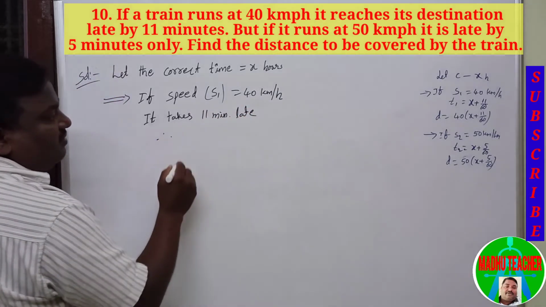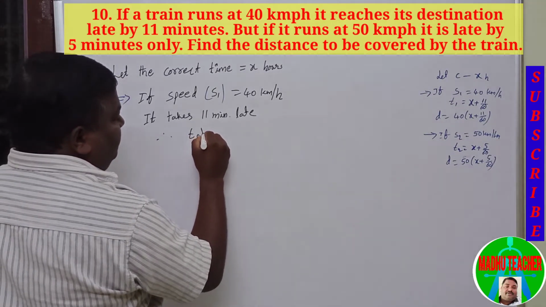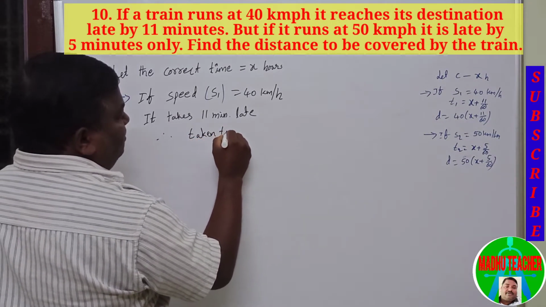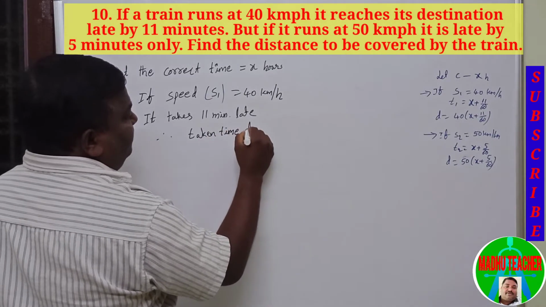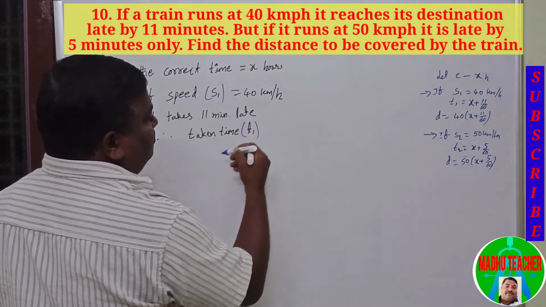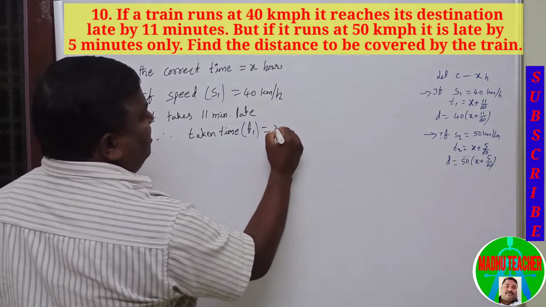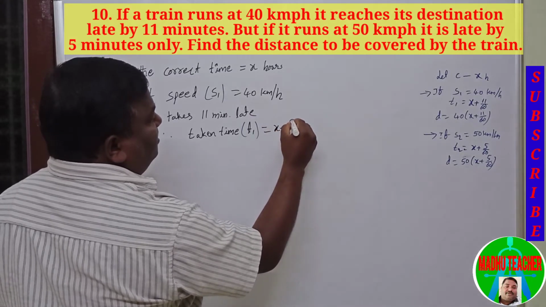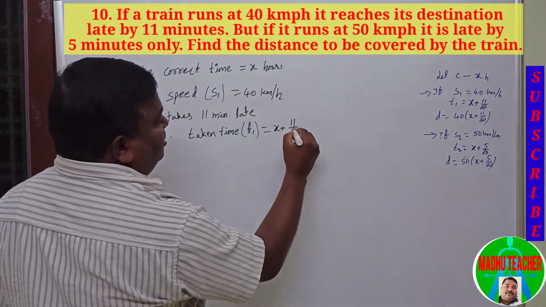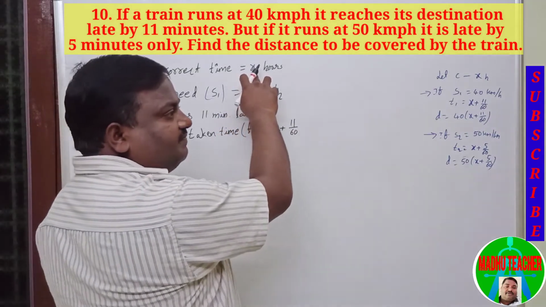Therefore, the time, t1, equals the original x plus 11 minutes late, plus 11. Changing into hours, divide by 60, because it is hours.